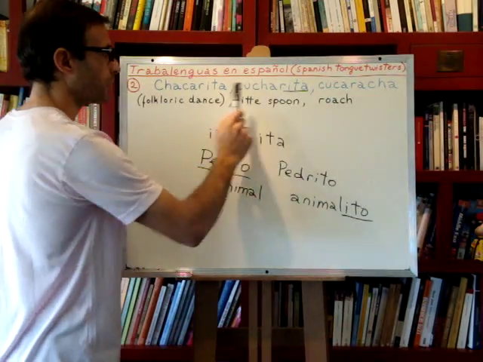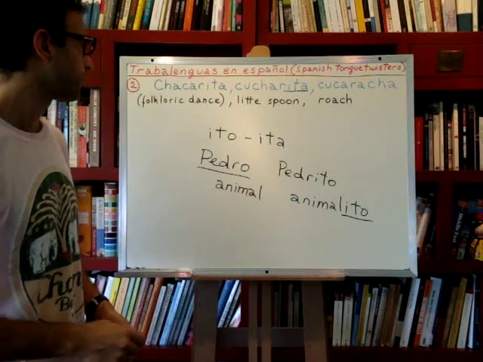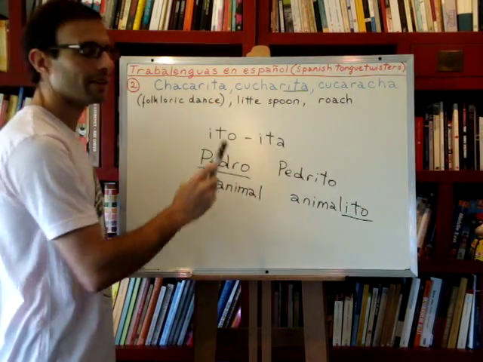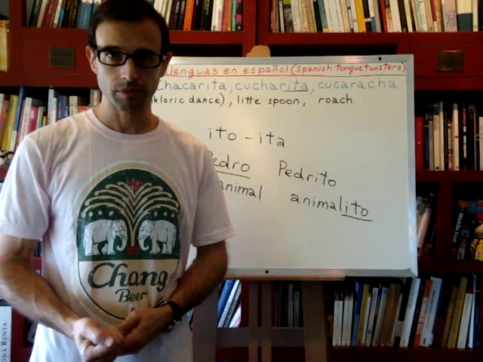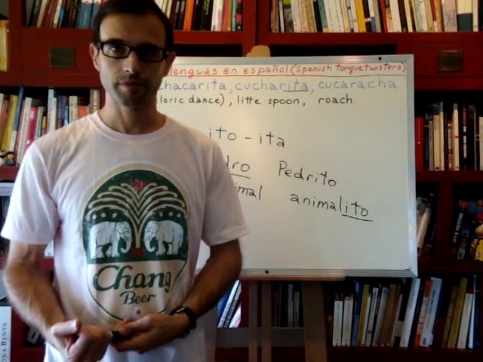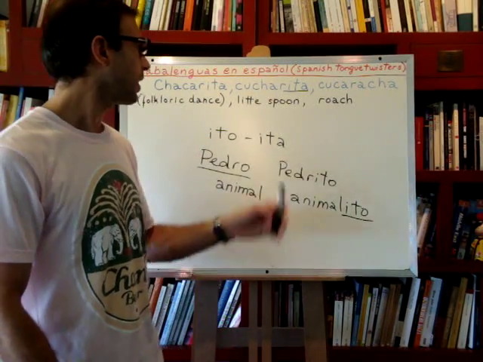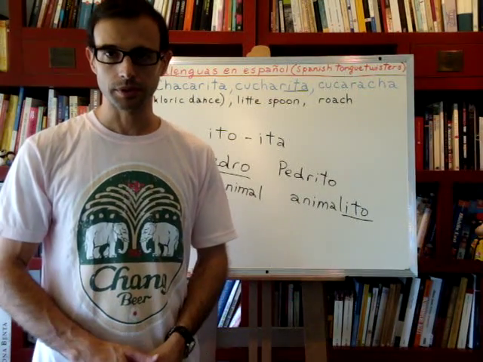learn these 3 words. Vamos a aprender lo que significan estas 3 palabras. Chacarita. Chacarita es una danza folclórica, un baile folclórico. Chacarita is a folkloric dance, okay? Cucharita. Cucharita is a little spoon, okay?